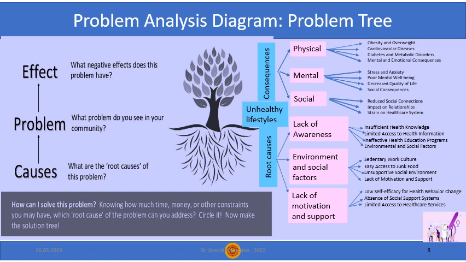And the consequences can be branched out as physical consequences, mental consequences, and social consequences. And it helps to systematically identify the root causes and the consequences of a particular issue or a problem.